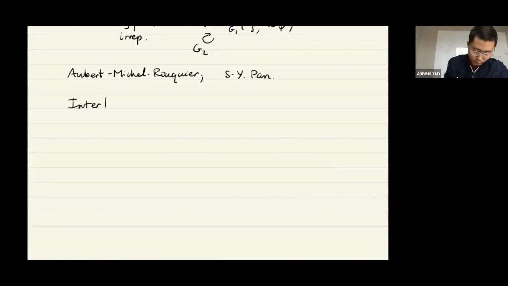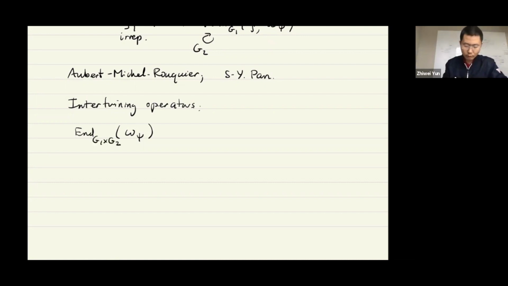So what I will look at are intertwining operators. If we want to understand how this oscillator representation decomposes under G1 times G2, we can try to write down all the intertwining operators, the endomorphisms of omega psi under G1 times G2.